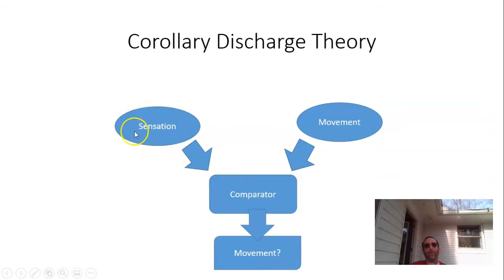So what's coming into our retina is fed up to here, and the signals to our eye about whether to move or not move are coming in here. And now it can compare: is there something coming in, and are our eyes moving? And based on that, it can determine whether or not there's actual movement.